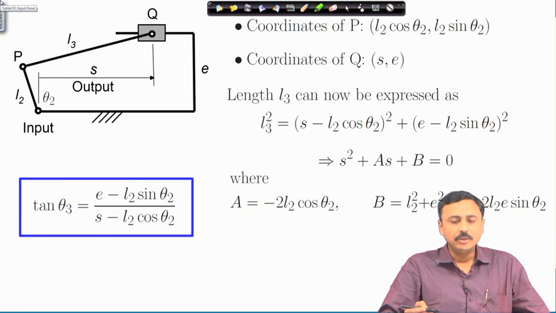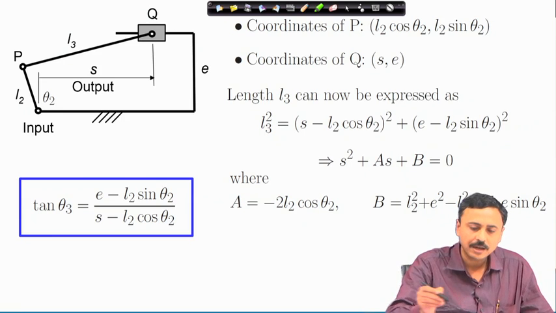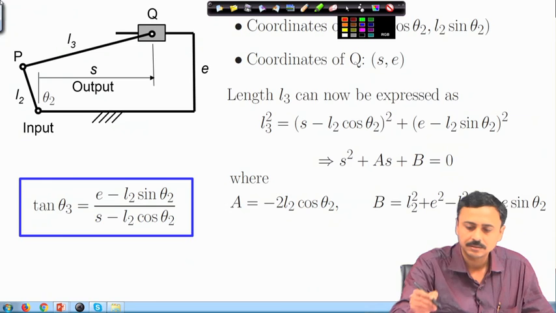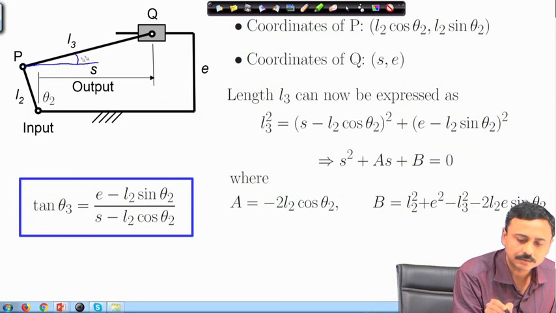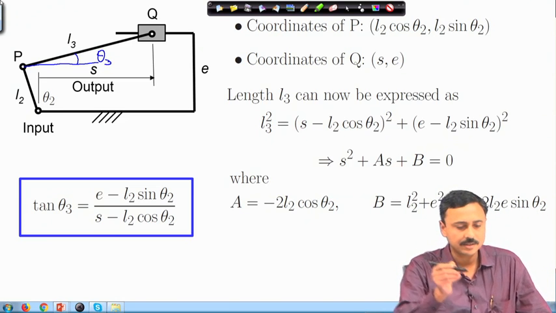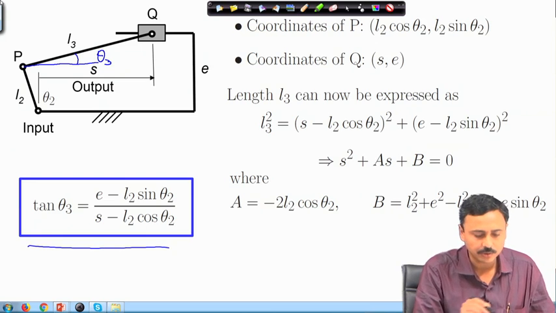Once I know S, and since I already know theta 2, I can find this angle theta 3. So, this angle is theta 3. I can write tan theta 3 as shown here.